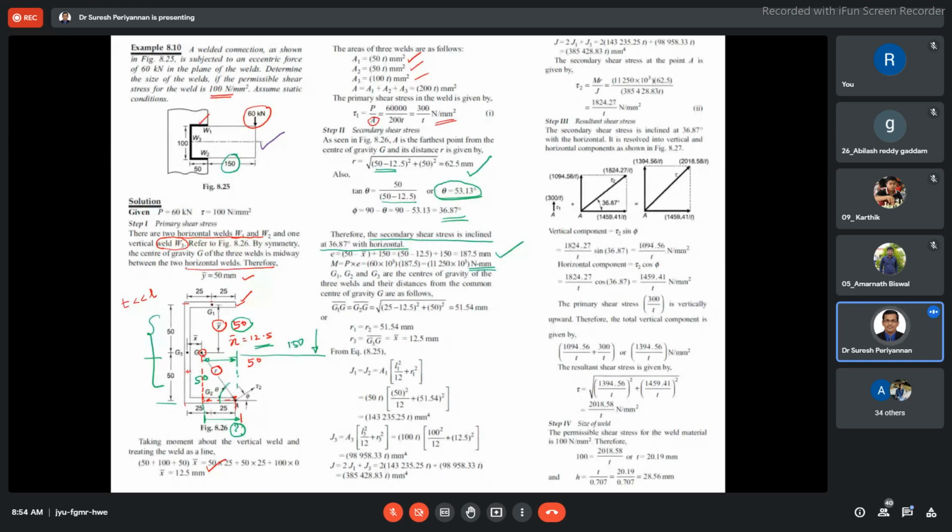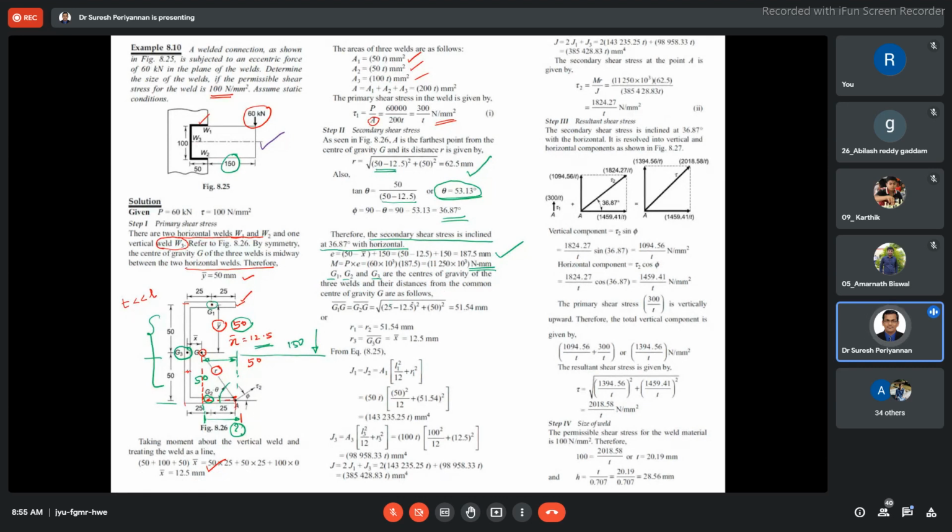Now see here, G1, G2 are the centers of gravity of the first two welds, and G3 is here, the center of the third weld. Now we have to find the distance from the common center of gravity.